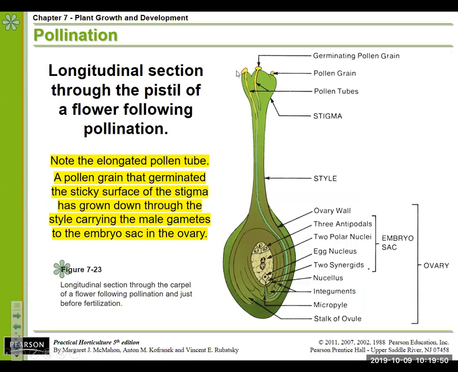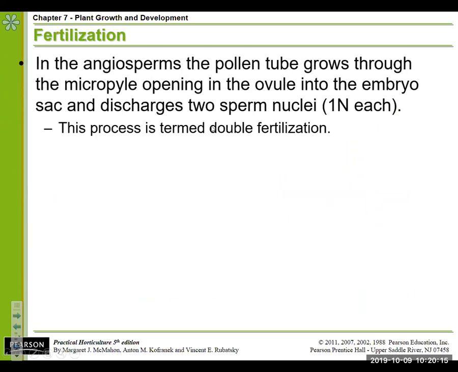Here's just a look at a cross section of the pistil, that female part of the plant following pollination. So we have that elongated pollen tube carrying that pollen, the gamete, the male sex cell, to the female sex cell, where we get that genetic admixture, which we'll talk about in more detail next chapter.